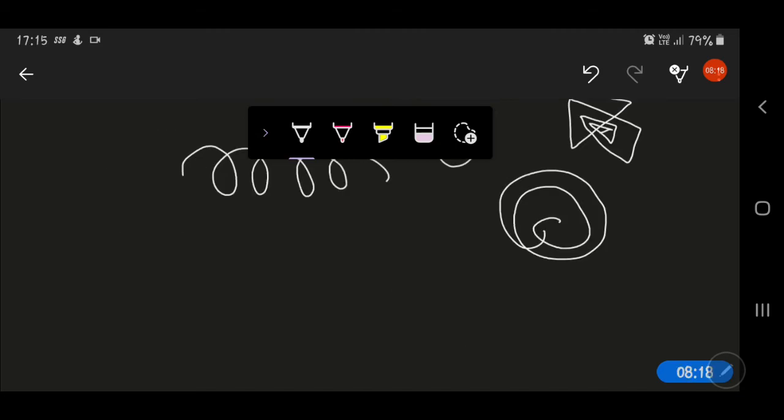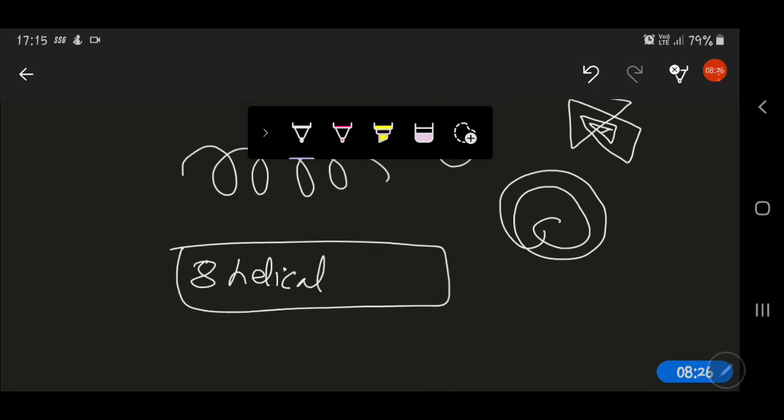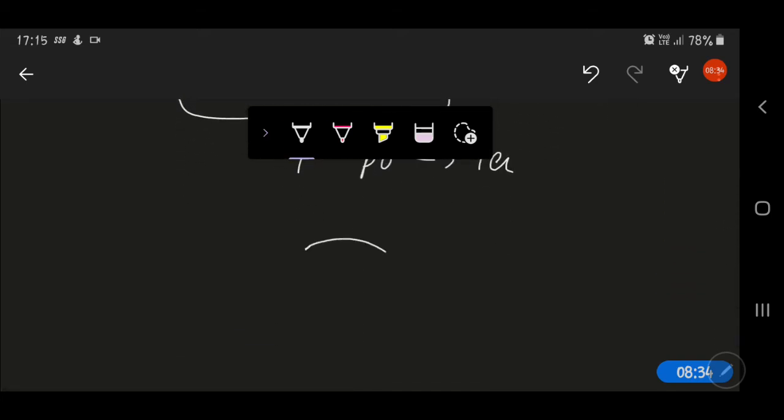There are a total of 8 helical turns, in which every 7th position has a leucine. Let this be 1 helical turn. In each helical turn there are 4 amino acids.